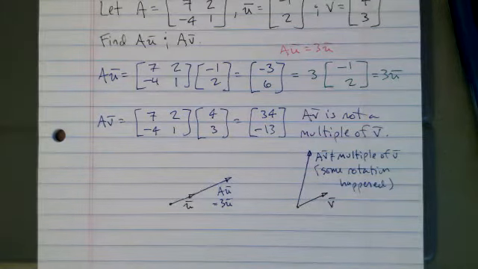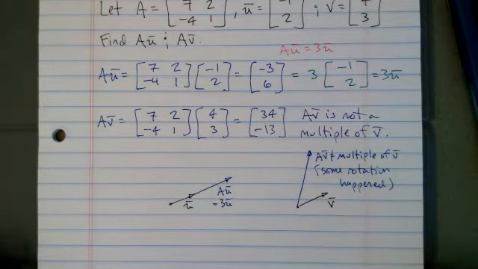Okay, so this is what we need to be able to find. What we have here is that the matrix A has an eigenvalue of 3 that corresponds to the eigenvector -1, 2.